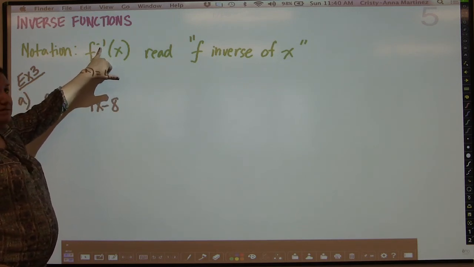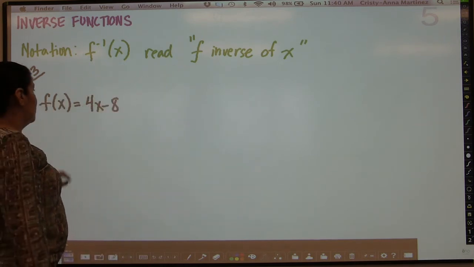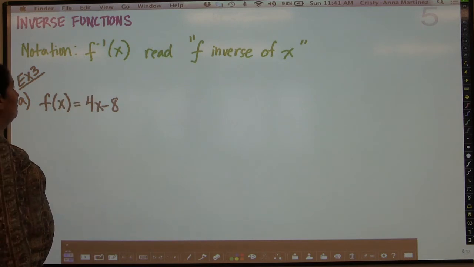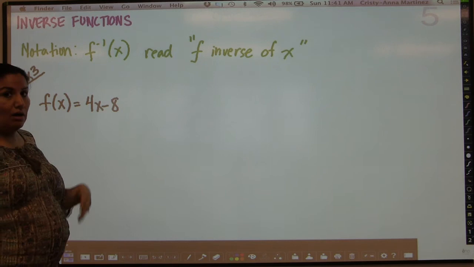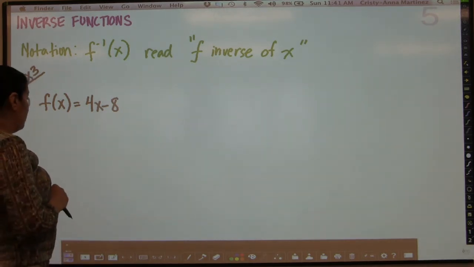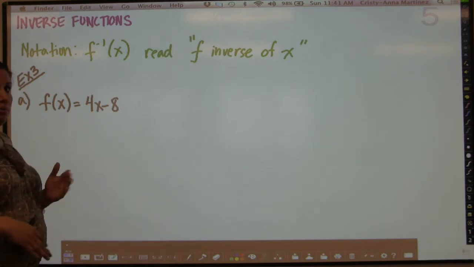This just represents inverse. So when you read this, you read it f inverse of x. This is f of x, this is f inverse of x. So we want to find the function that would be the inverse. And it has a lot to do with how we interchanged x and y earlier when we talked about ordered pairs. And so what I want you to understand about an inverse is basically that it means to go backwards.